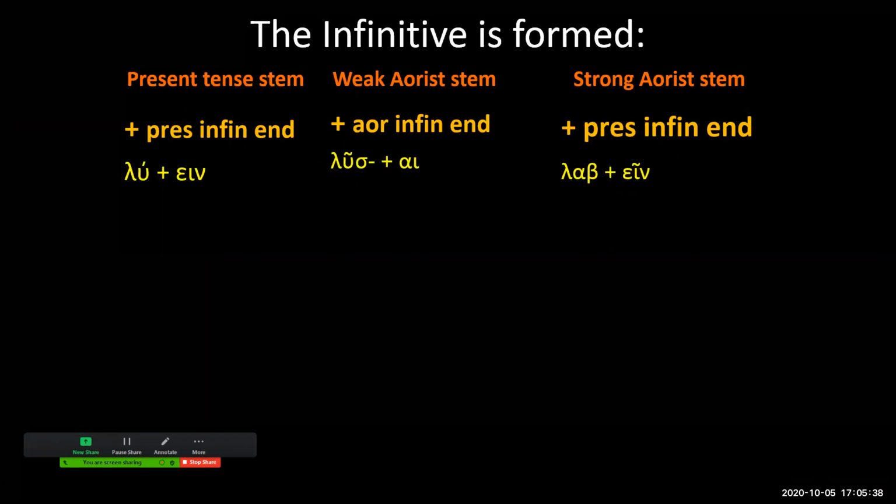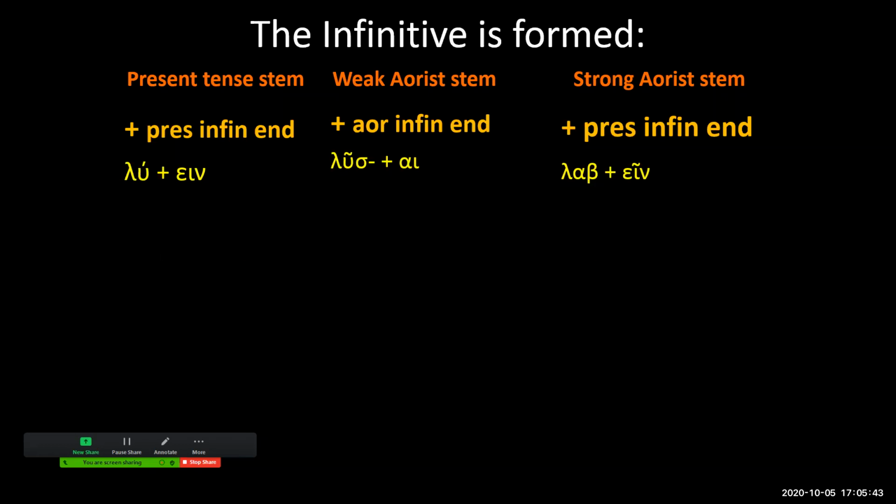But remember, we are not in the indicative anymore. Turn back to page 142, and I'll go back to my presentation. We're in the infinitive forms. So the aorist infinitive of lambano is labein. It takes the aorist stem and uses what for us is the present infinitive ending, and we have a strong aorist infinitive.